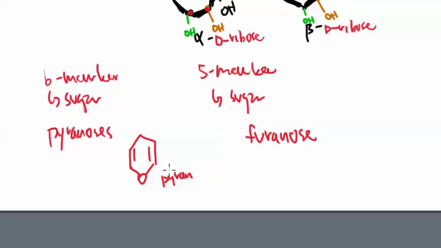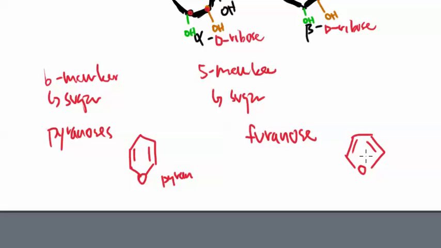So you see a very similar structure here as far as the carbohydrate is concerned. Of course, we don't have the double bonds in the ring, and there are no OH groups on this ring, so we can't call it pyran. That's why they modify the name a little bit and call it pyranose, because we're talking about a carbohydrate. The furanose comes from the old term furan, and that's basically this five-membered ring structure, and there are 2 double bonds on it as well.